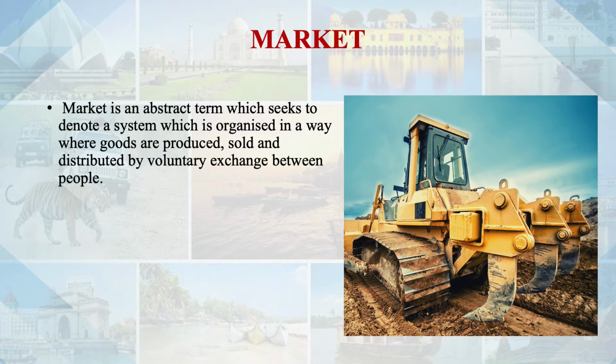Or you can also say market is an abstract term which seeks to denote a system. That means it's a system where, in a systematic way, people sell goods and services and other people purchase them. It is done by voluntary exchange between people.